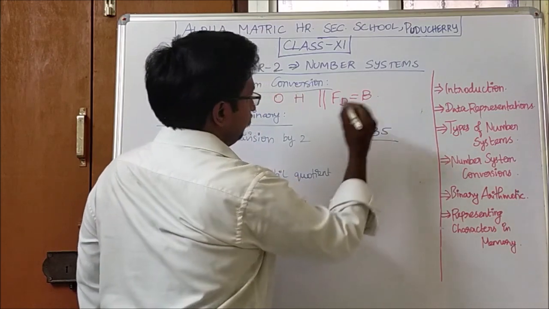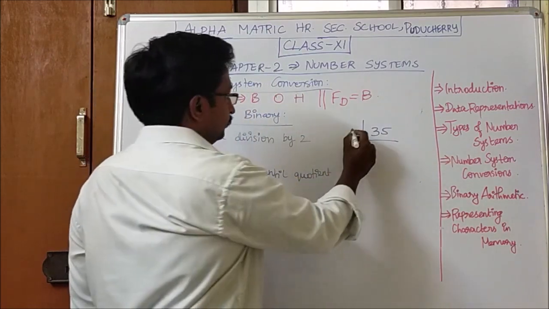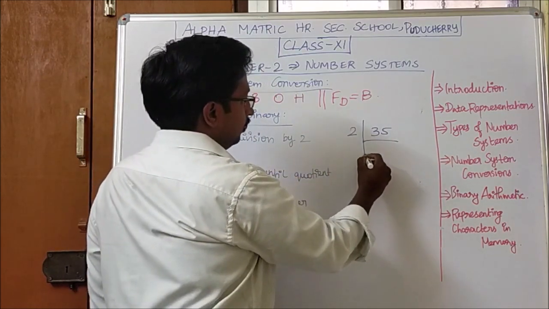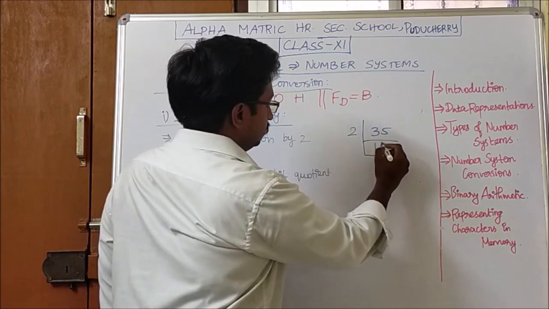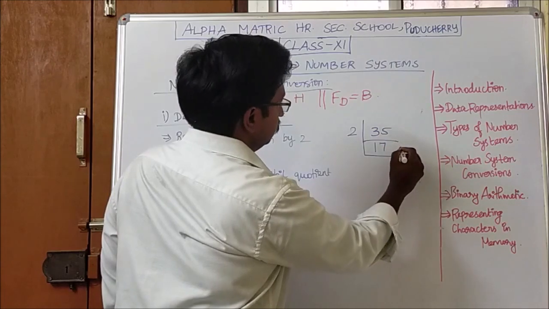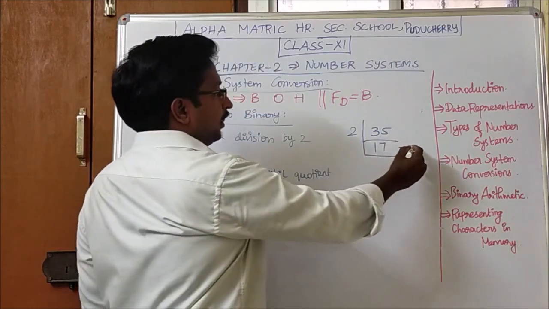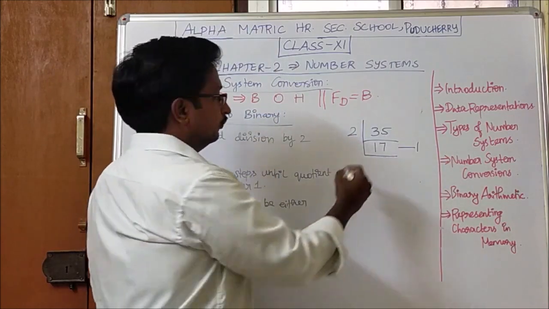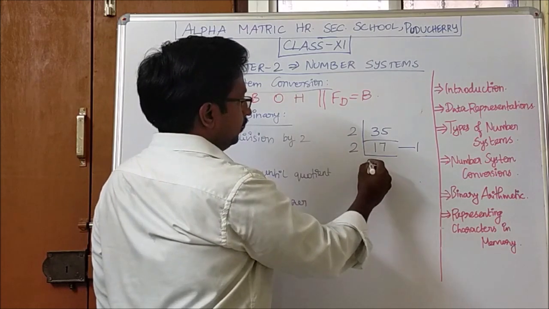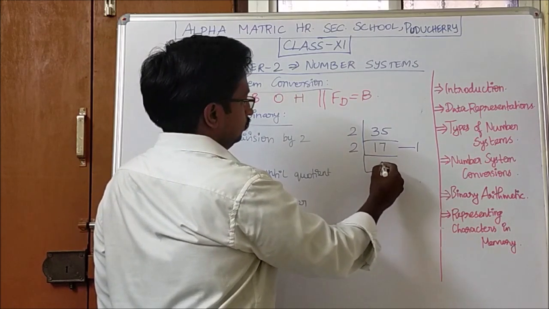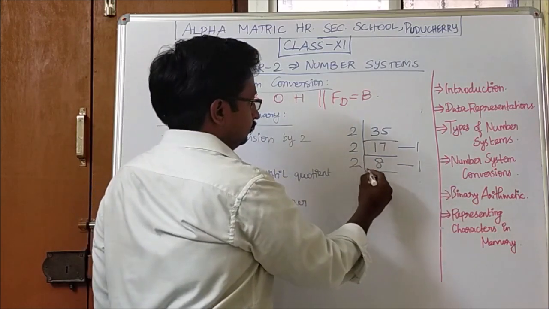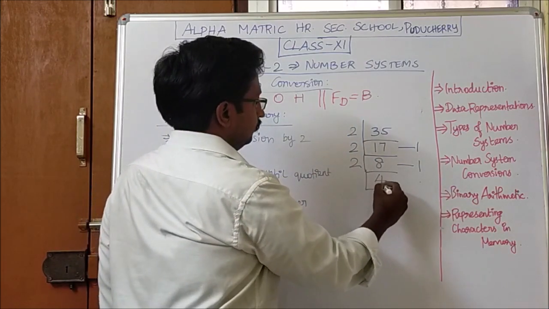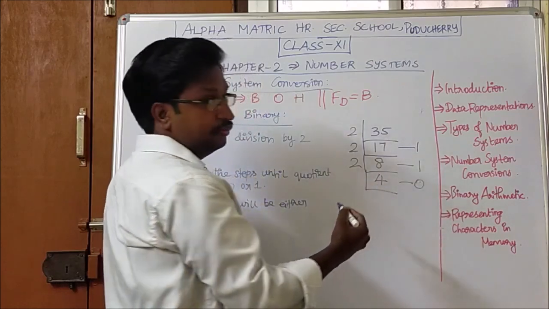Let us take 35 as a decimal number. So I am going to divide, normal division method, that is remainder will be 1. Again divide by 2, again remainder will be 1. Remainder is 0.